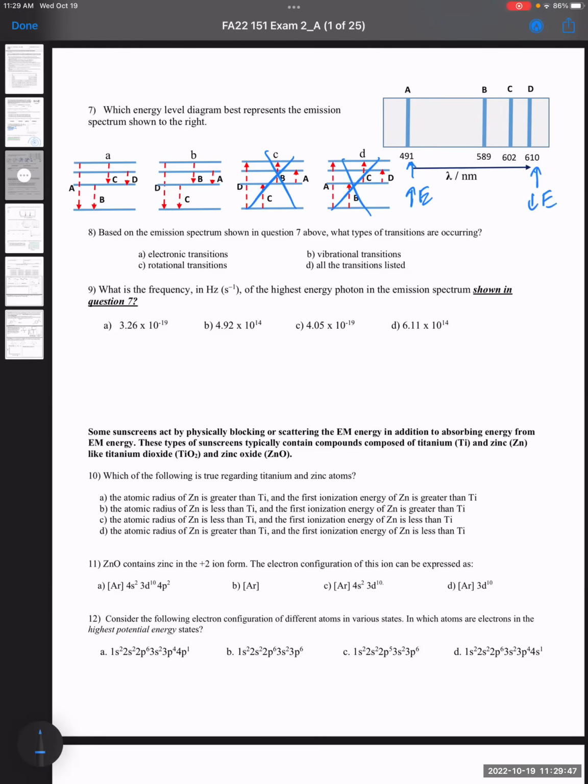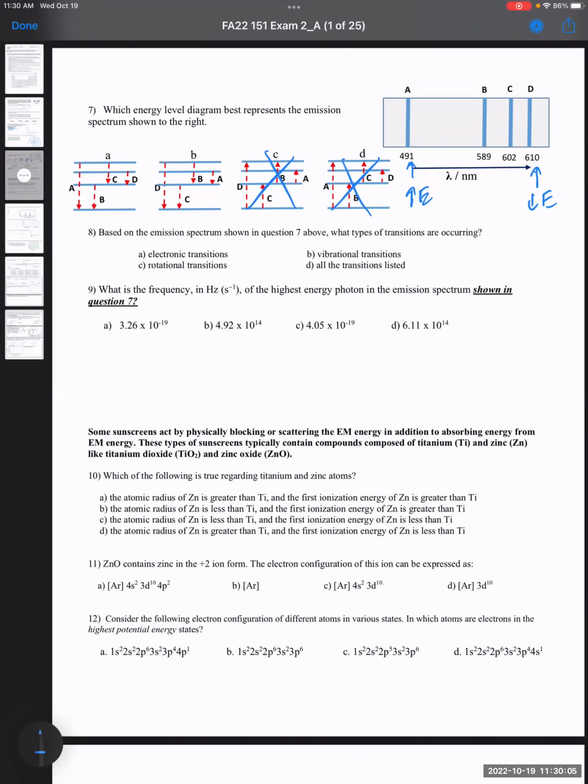So line D should correspond to a small energy gap. Okay, and if you consider A and B, we see that in A we have line D with the smallest energy gap. Therefore, that should correspond to the emission spectrum.